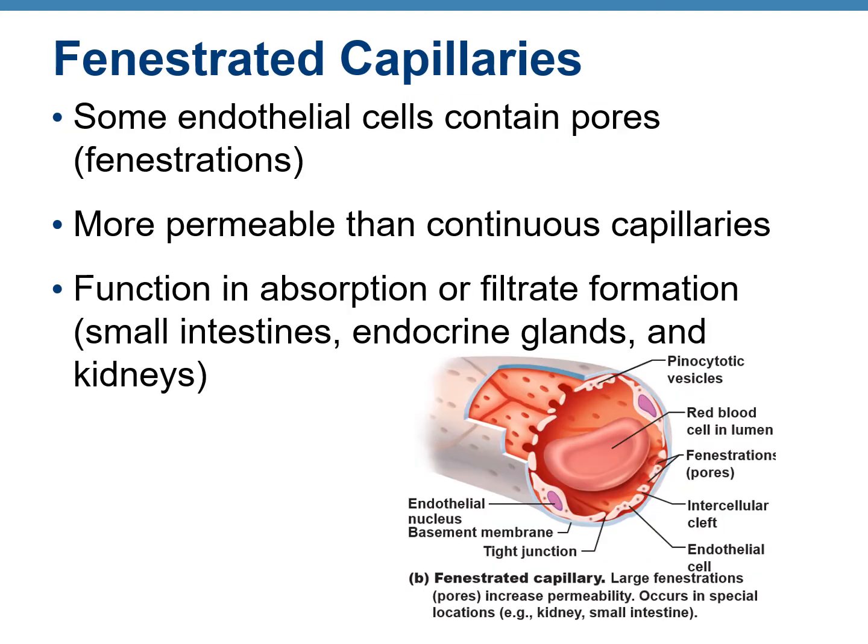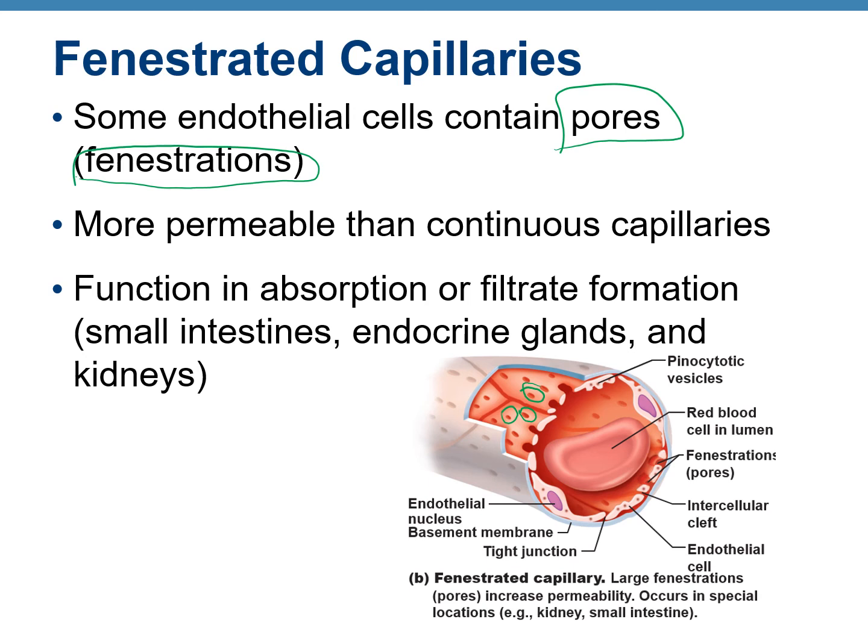The next type of capillaries are fenestrated capillaries. If you compare the two pictures, now you can see these pores over here. Those pores are called fenestrations. So endothelial cells contain pores, or fenestrations.